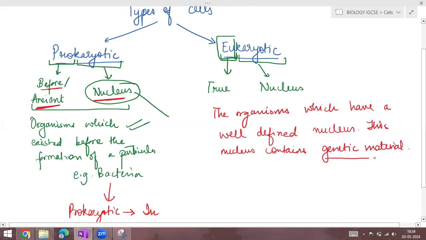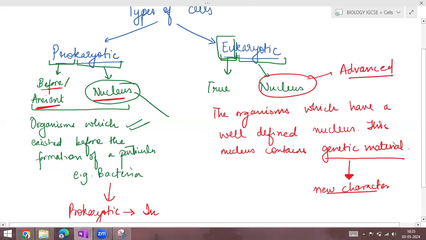So this genetic material contained in a nucleus is a new character. Having a nucleus is an advanced character, whereas on the line of evolution, having no nucleus, or naked genetic material, shows an ancient character. That is why we call them prokaryotic: the genetic material lying naked in the cytoplasm shows an ancient character, which might have existed when life started.